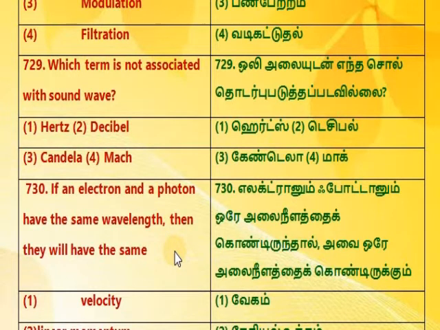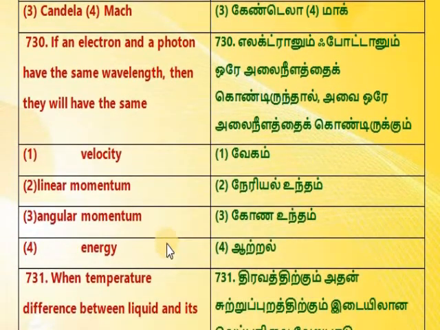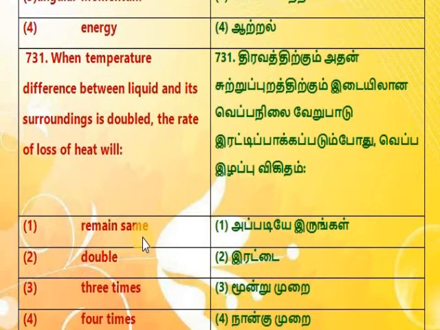729. Which term is not associated with sound wave? 1. Hertz. 2. Decibel. 3. Candela. 4. Mach. 730. If an electron and a photon have the same wavelength, then they will have the same 1. Velocity. 2. Linear momentum. 3. Angular momentum. 4. Energy. 731. When temperature difference between liquid and its surroundings is doubled, the rate of loss of heat will 1.